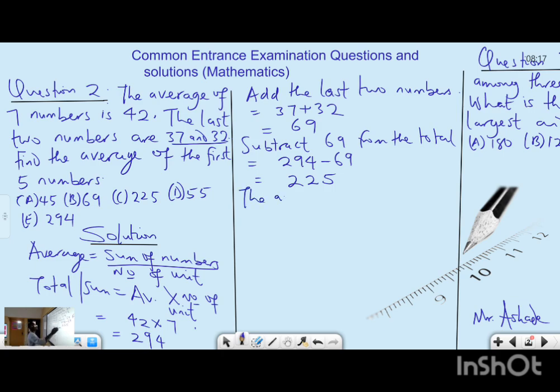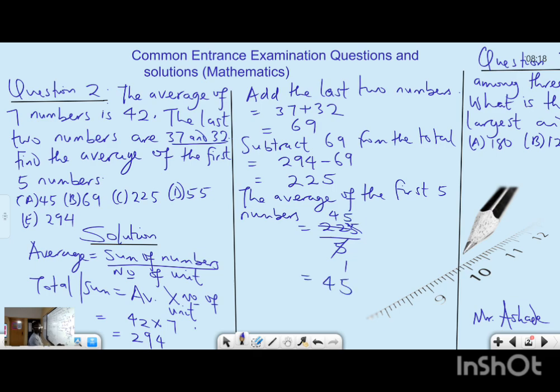So the average of the first 5 numbers will now be 225 divided by 5. 5 in 22 is 4, 20 remainder 2, 5 in 25 is 5. So that gives us 45. So the average of the first 5 numbers is 45. That's option A.